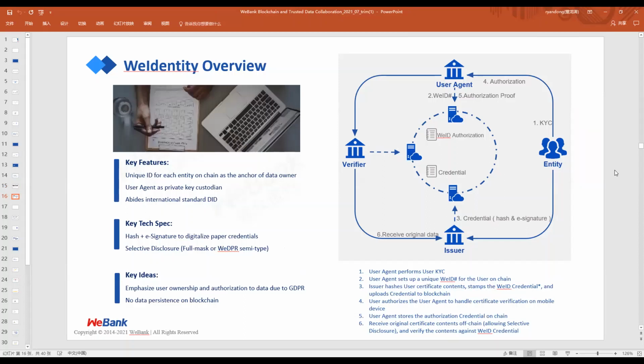Basically, we will create a decentralized identity, and also the capability to attach data to that identity. That way, one organization can issue the certificate for an identity, and also collect all the evidence or other data, and this data can be verified by another institute in a distributed manner.